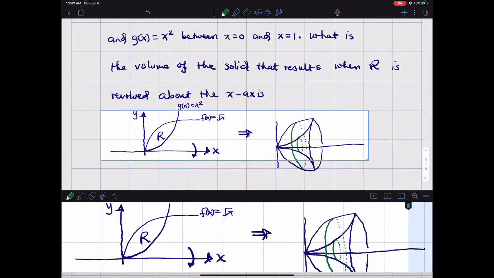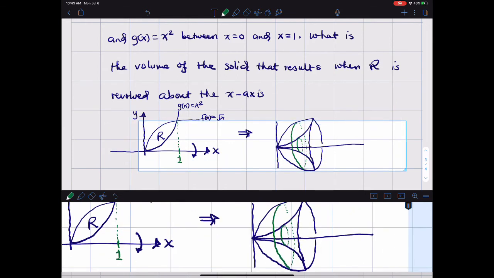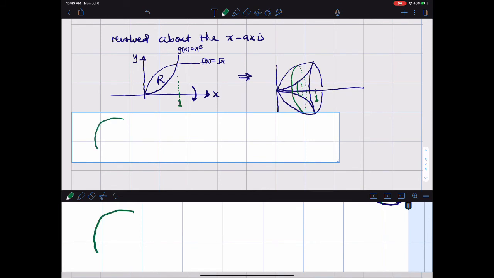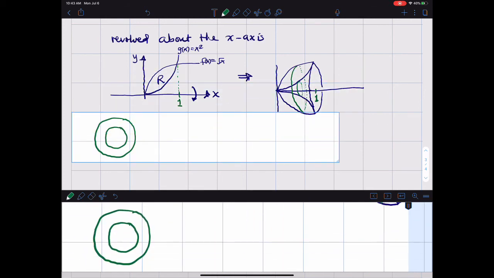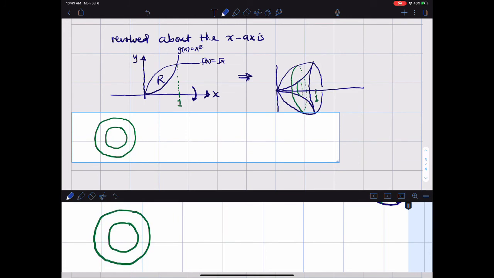These two functions intersect at the point x equals 1. Okay. So this is 1. So we get a slice. But now the slice is no longer a disk, it's a washer. All right? The radius of the inner function is x squared.